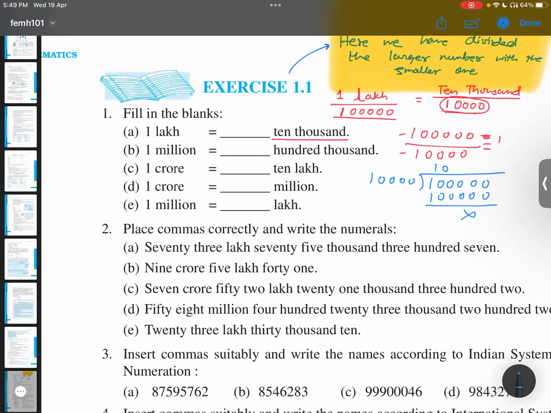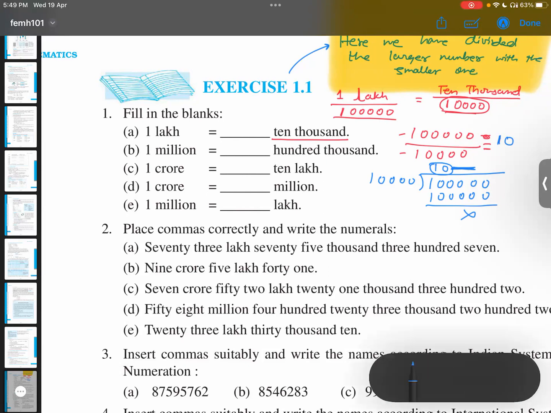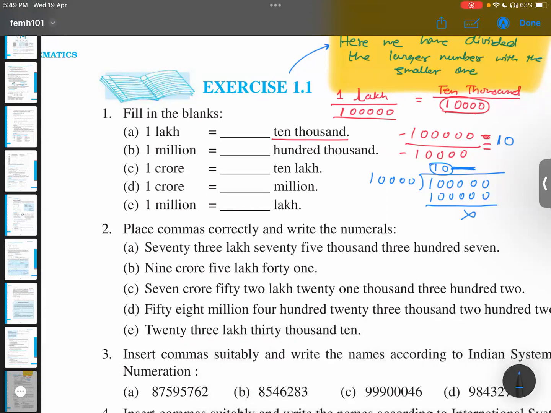This is cancelled. It was getting divided by 10, so 10 was our answer. The remainder here is nothing. The remainder is 0. We simply divided these two numbers and our answer is 10.